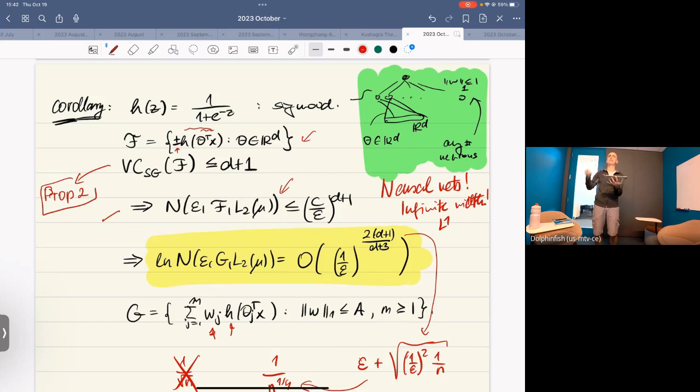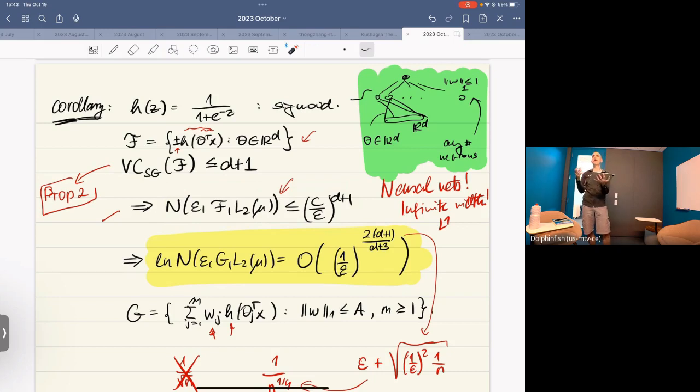Now we want to understand how that behaves if we understand how F behaves. So how does F behave? How big is this class? We have an upper bound on the covering numbers, so that tells you how big this is. And it scales like the linear stuff, like 1 over epsilon to the power of whatever the dimension was.